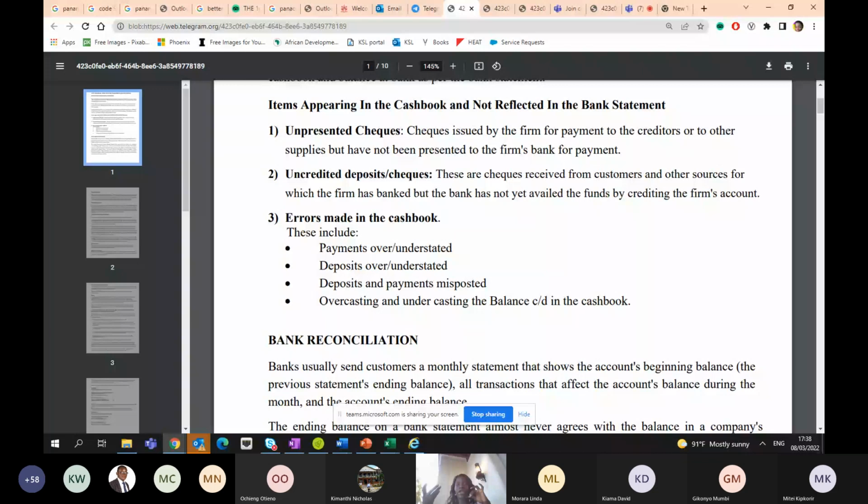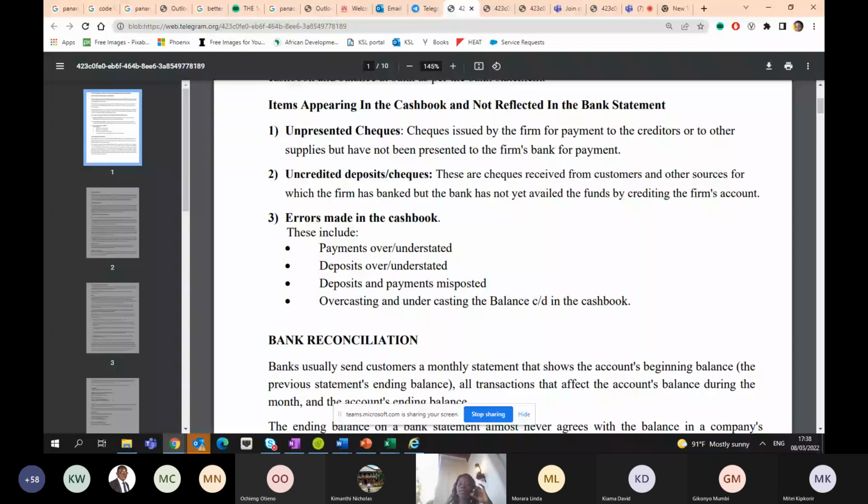Maybe you gave someone a check, but it hasn't reflected in their bank. Or someone gave you a check and you either haven't taken it to the bank, or it hasn't reflected, or it's even been dishonored by the bank. So on your side, you might think that you have paid someone, or you have been paid, as at your cash book, but in the actual bank statement, that's not the case.